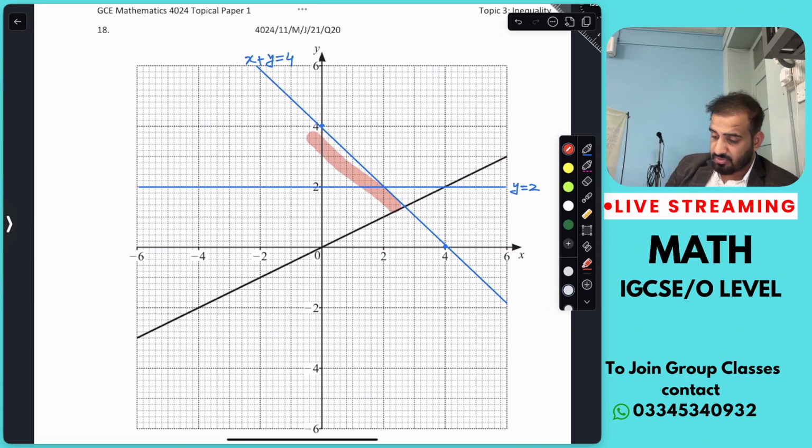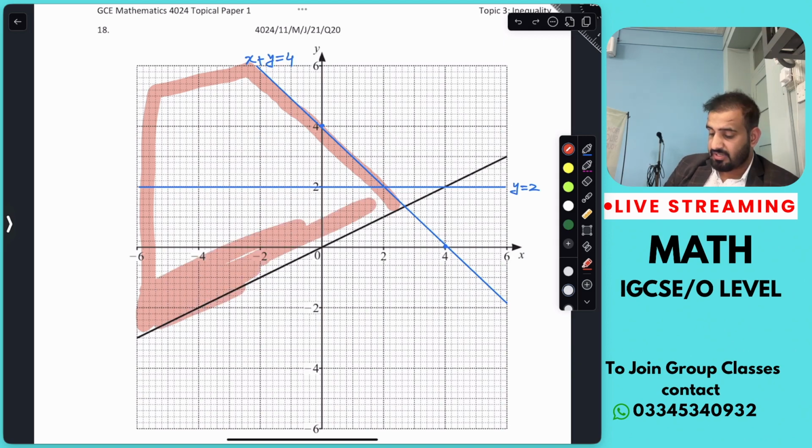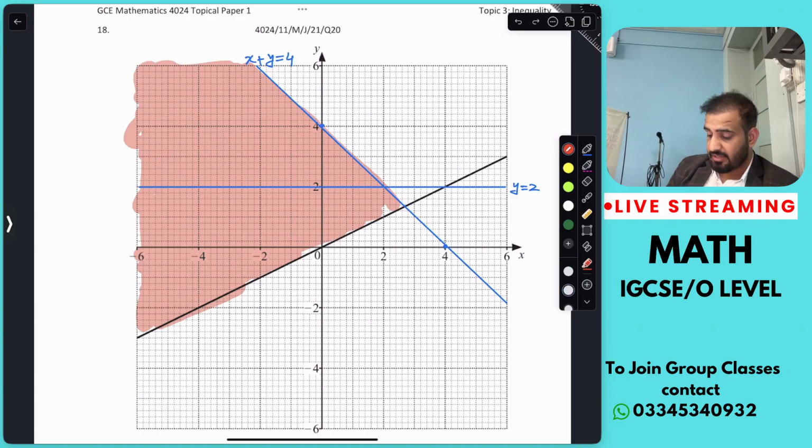These are my two combined shading, okay? So this is my combined shading of the first two inequalities. The first two inequalities have this combined shading. That's it.